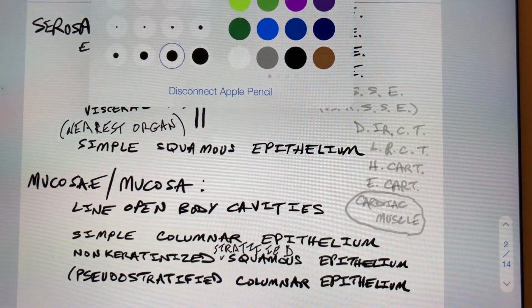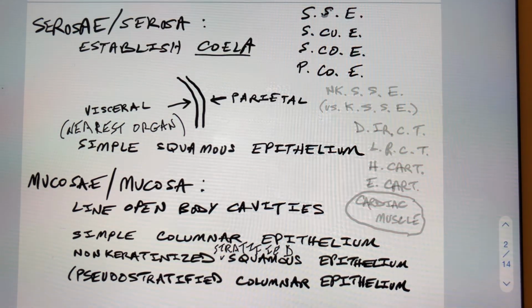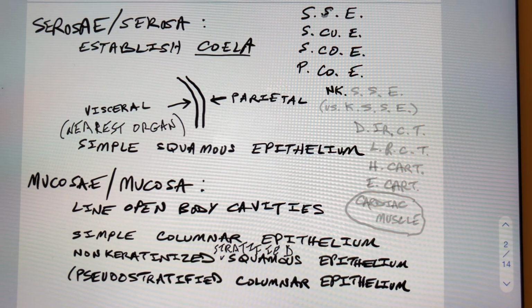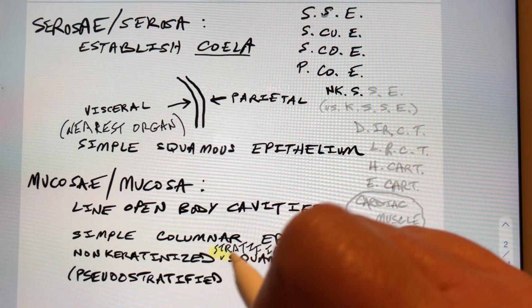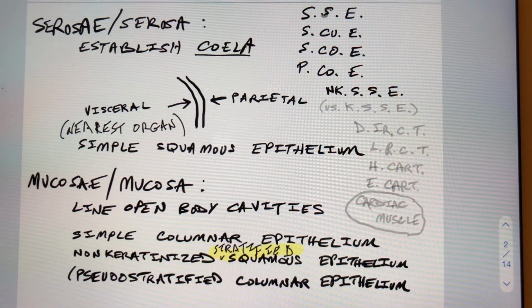All examples of mucosae. Let's see. For epithelia, we also need to know non-keratinized stratified squamous epithelium, and of course, contrast that with keratinized stratified squamous epithelium.